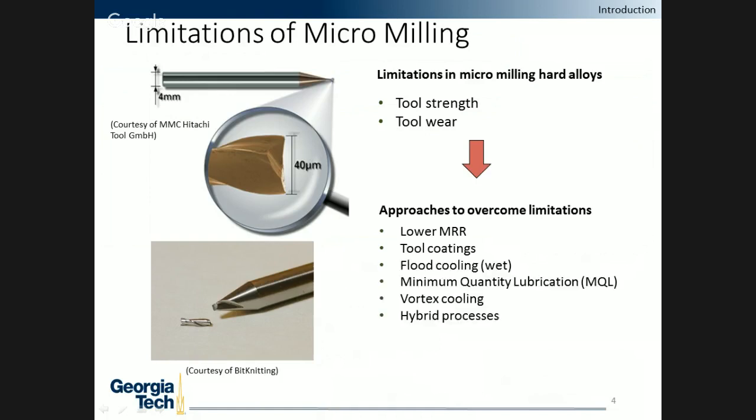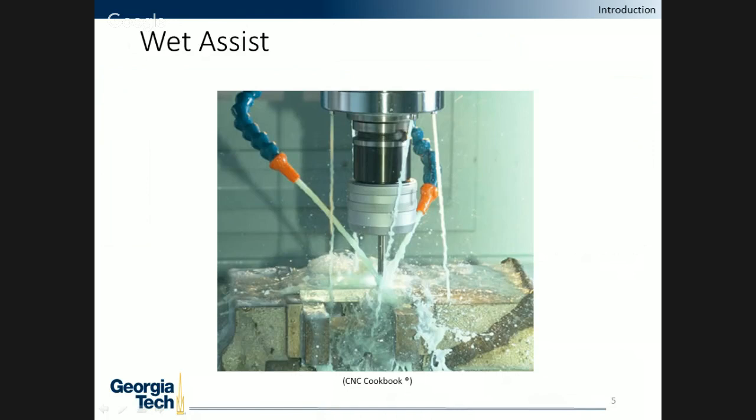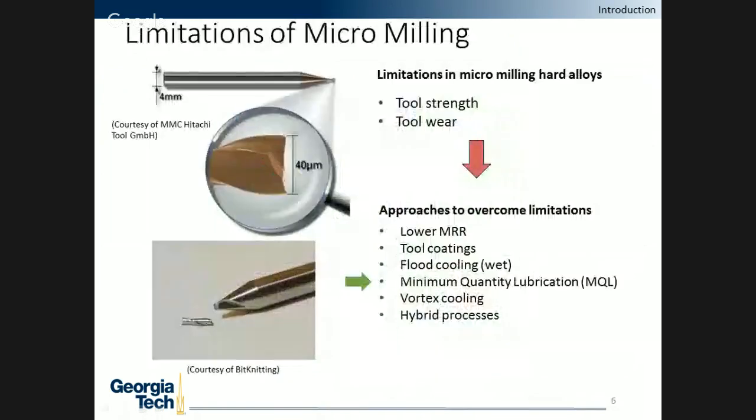Some of the other conventional methods we'll be going into is flood cooling, which we will denote as wet. Flood cooling is when you have a coolant directed onto the end mill, and this helps remove heat from the tool and also lubricates the tool workpiece interface. The next technique is minimum quantity lubrication, or MQL.